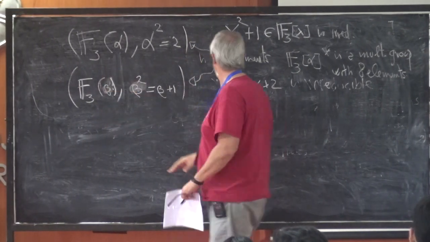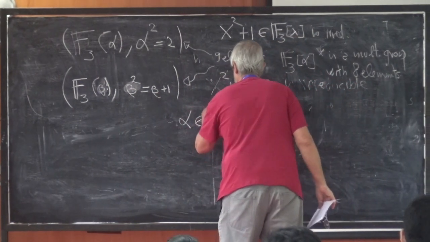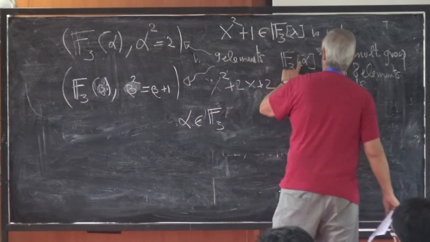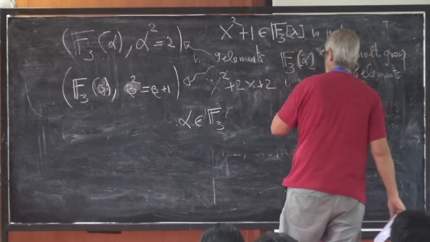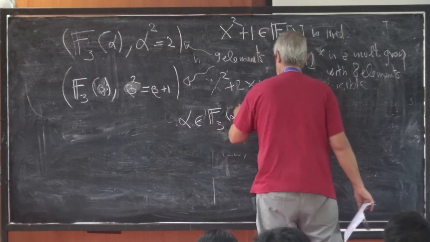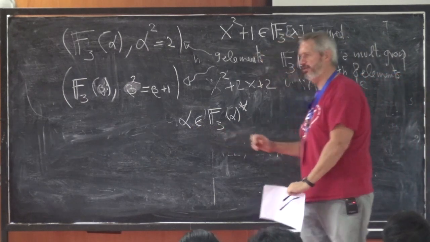For example, if you look at alpha inside this multiplicative group, so this is an element of a finite group.